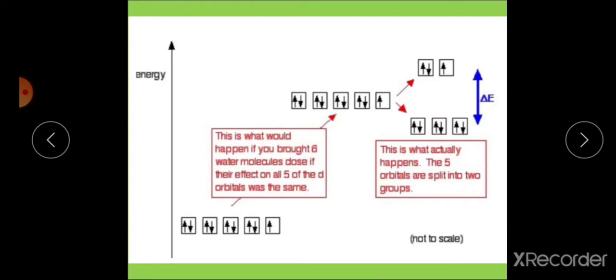A transition of one or more unpaired electrons from T2g orbital to Eg orbital occurs due to the absorption of radiation in the visible region.